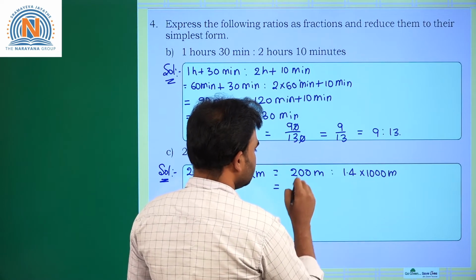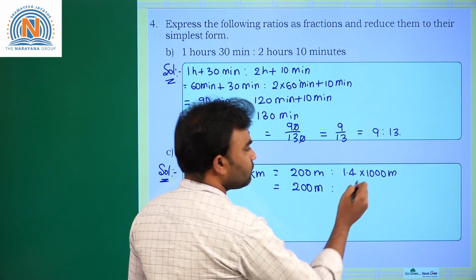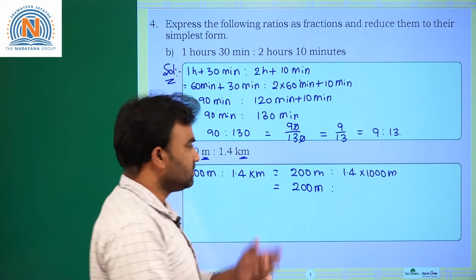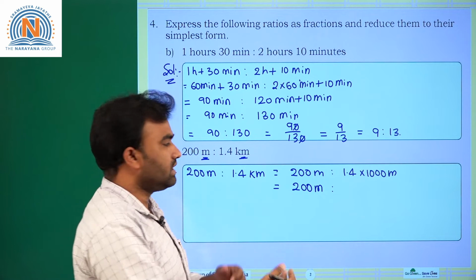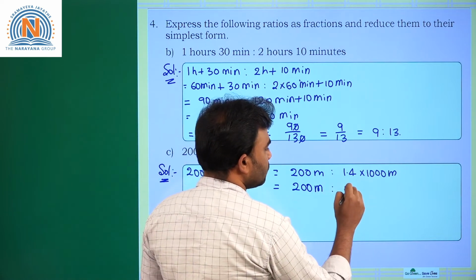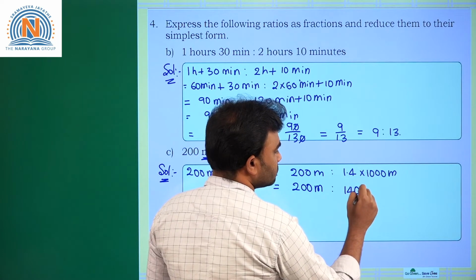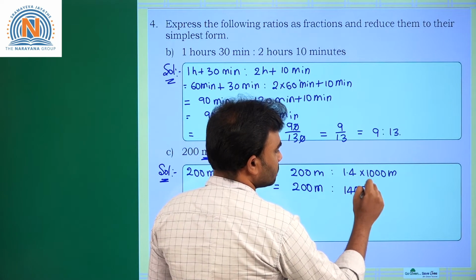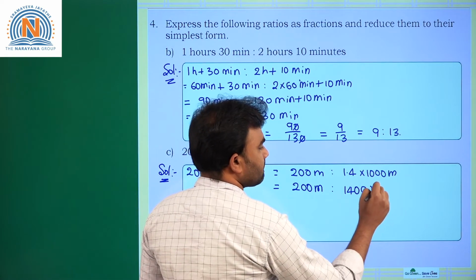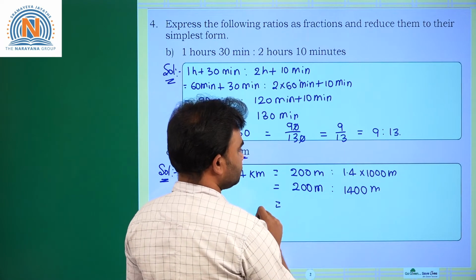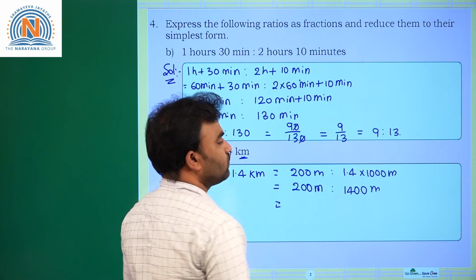It is equal to 200 meters is to 1.4 into 1000. When we multiply by 1000, the point moves to the right side 3 times. Then it becomes 1400 meters. It is equal to 200 meters is to 1400 meters.